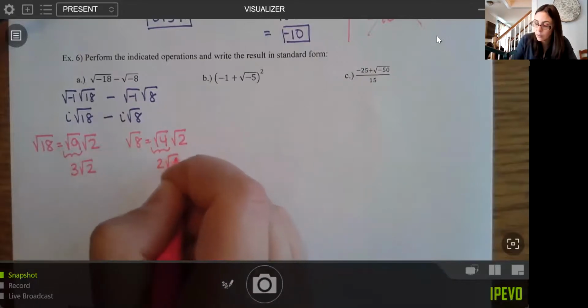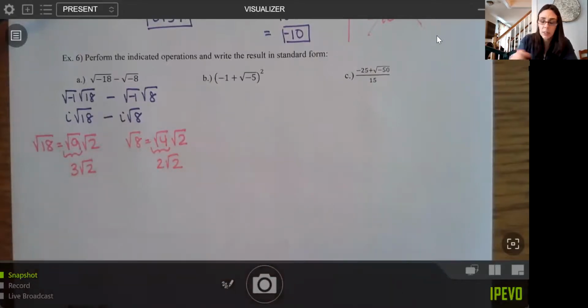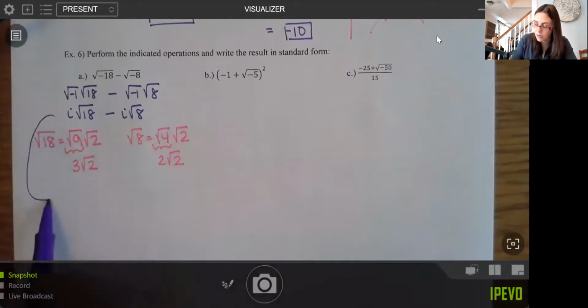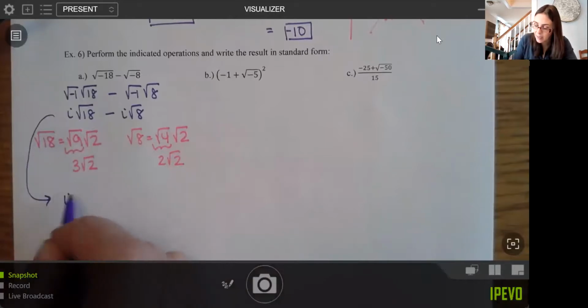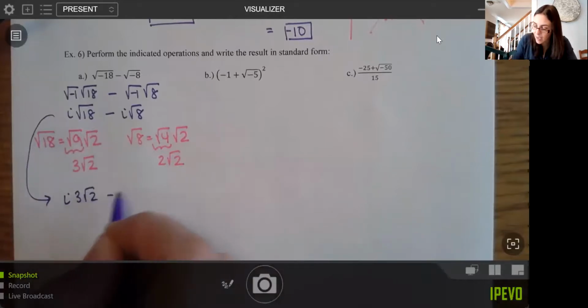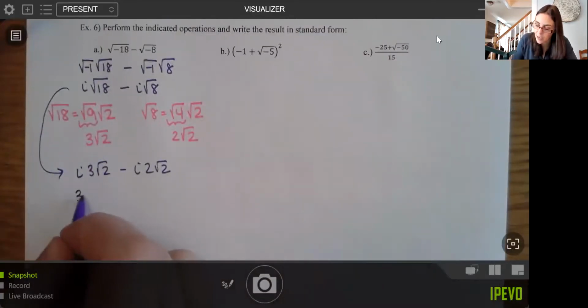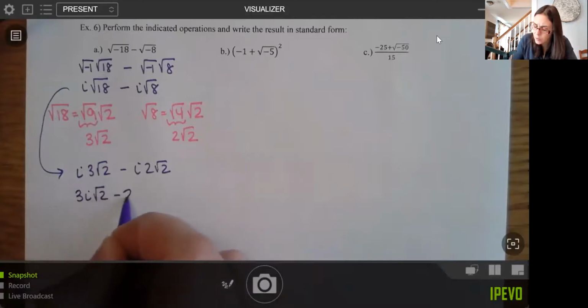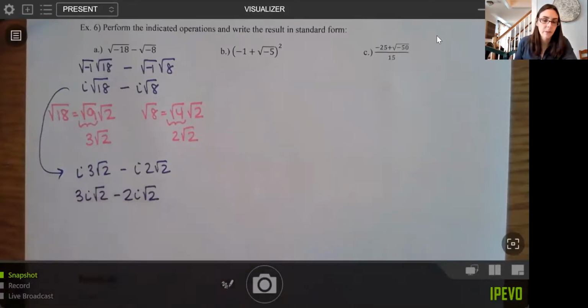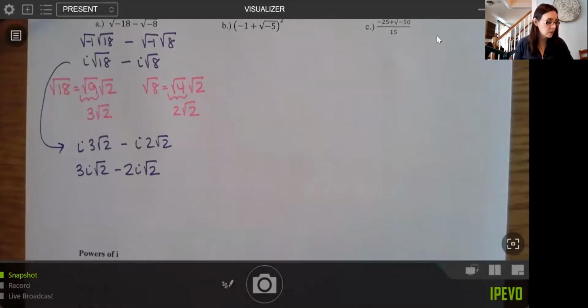So this becomes 2 root 2. So actually, if I continue with my question here, I have i times 3 root 2 minus i times 2 root 2. And just to write that a little bit better, we usually write it as 3i root 2 minus 2i root 2. So that's a little bit nicer here, a little bit easier to read.